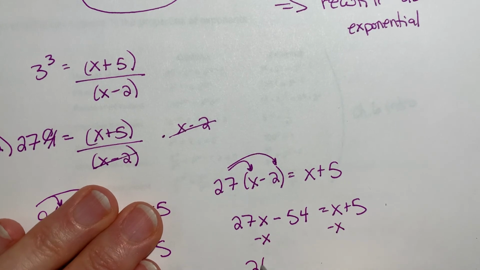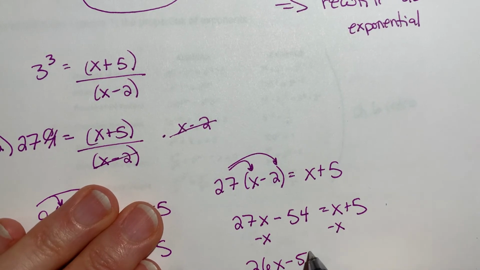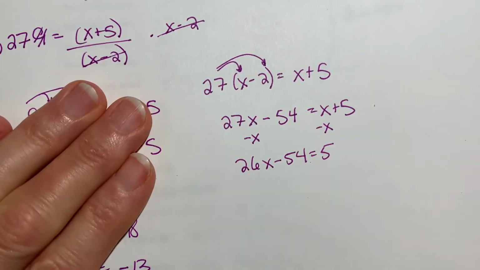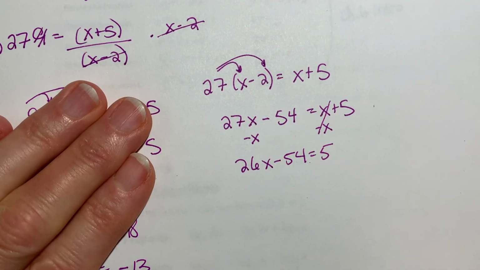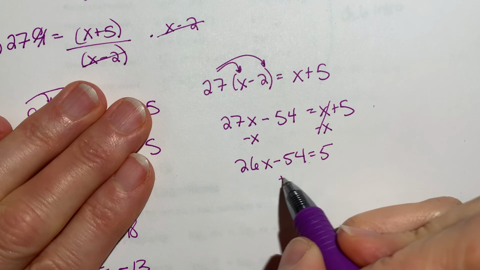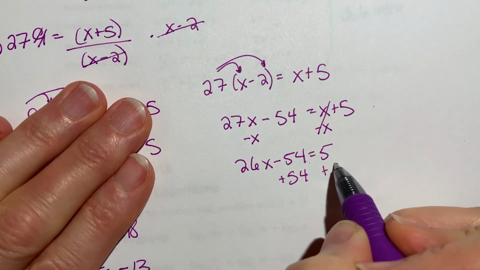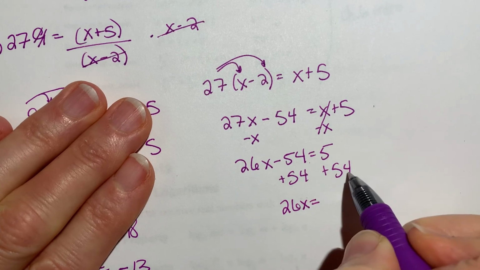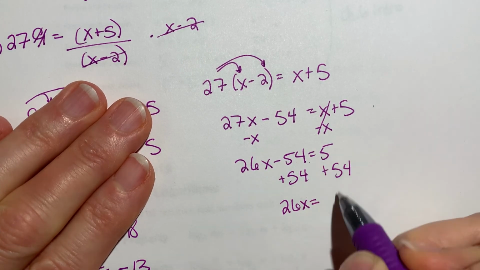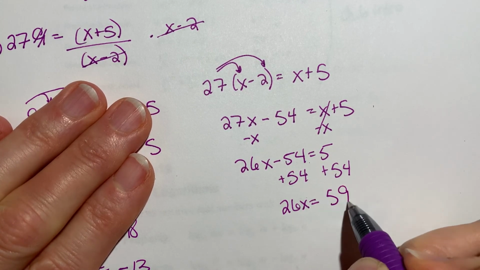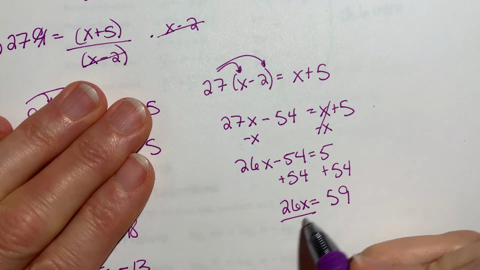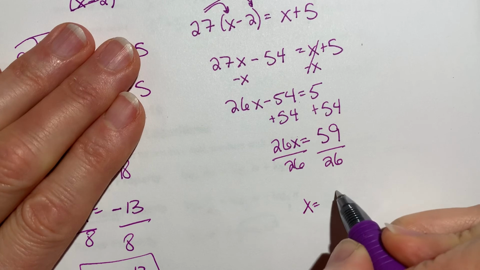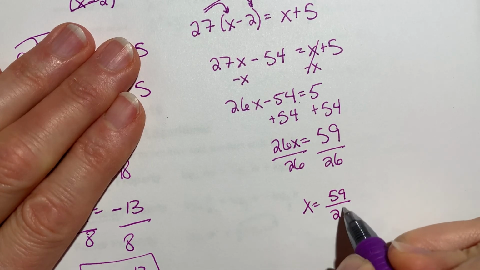I'm going to get 26x minus 54 equals 5, because that adds to 0. Now I'm going to add 54 to both sides. 26x equals 54 plus 5, which is 59. Divide both sides by 26. x equals 59 over 26.